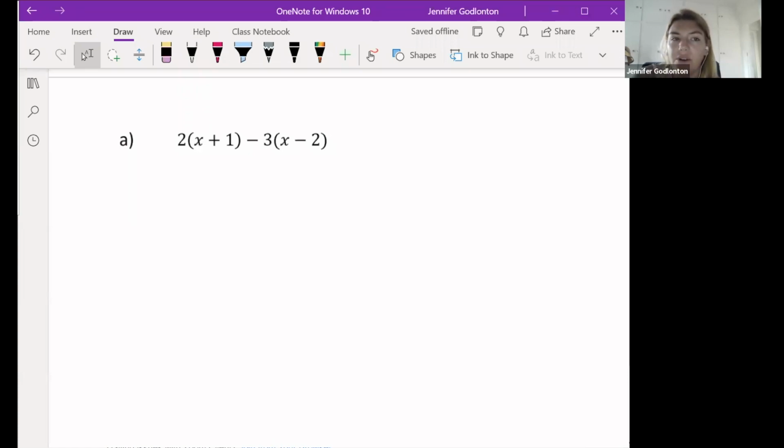There's no squaring of brackets. There's no funny business going on. It's as simple as it can get. It's just a case of distribution. I want you to work through it. Make sure you understand what's going on. Pop your answers in the chat for me. And when your answers are there, then I'm going to go through this with you guys.